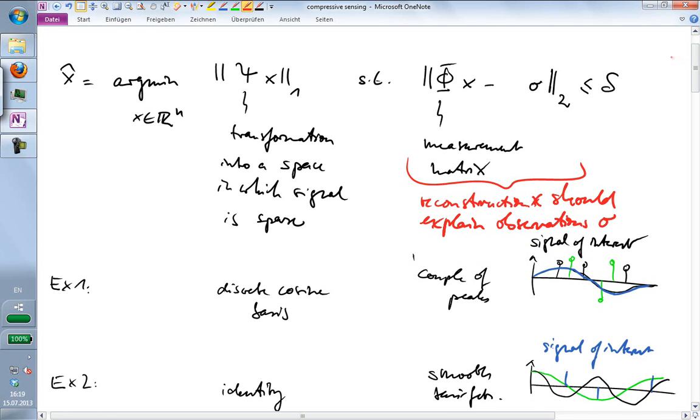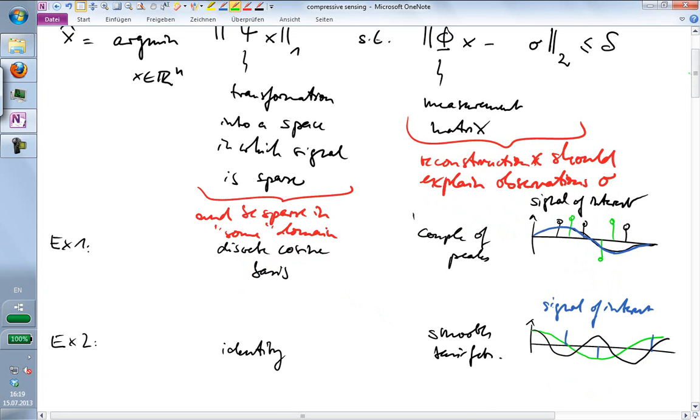And on the other hand, I want this reconstruction to be sparse in some domain. Now this transformation here, rather than discrete cosine, let me say in more abstract terms, that this would be smooth basis functions.